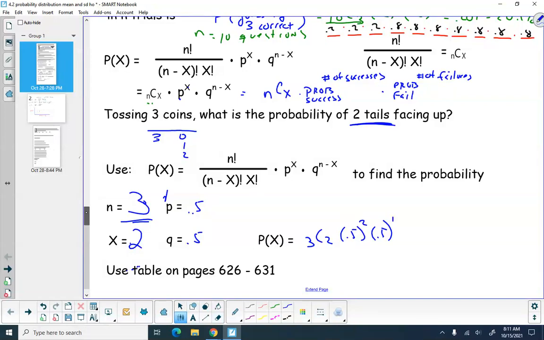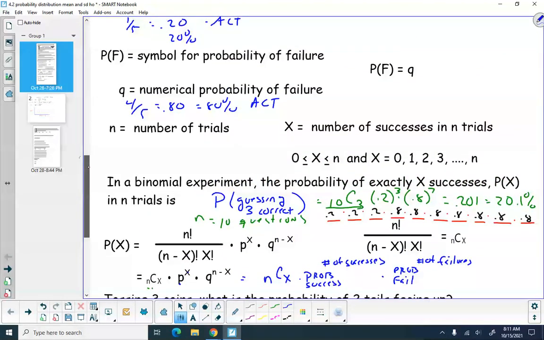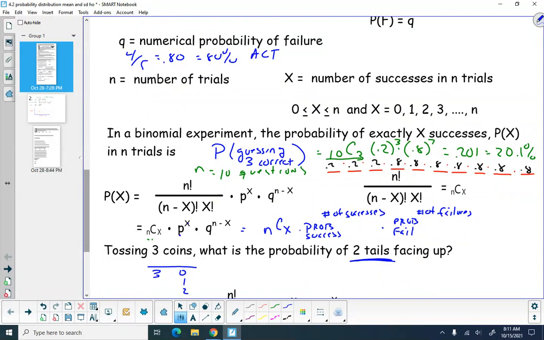If we take a look at the ACT question, we have an N of 10, an X of 3. So let's go to the top of page A9, where underneath the N we have a 10. We slide down our X to the number 3.